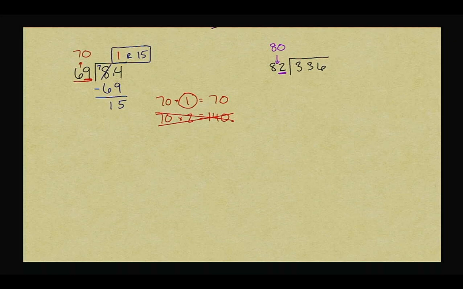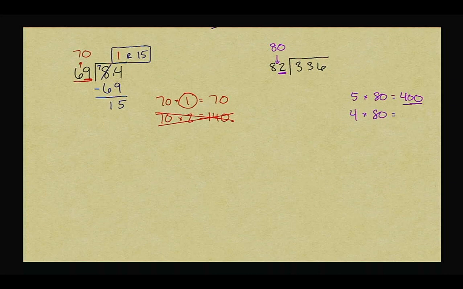Now I don't know, but let's try a number right in the middle. I like the number 5. 5 times 80. I know 5 times 8 is 40, so 5 times 80 is going to be 400. Now I overshot it just a little bit. 400 is greater than 336. So let's try 4. 4 times 80.